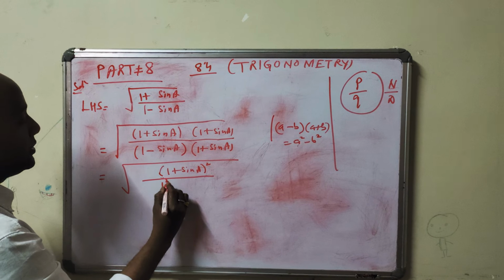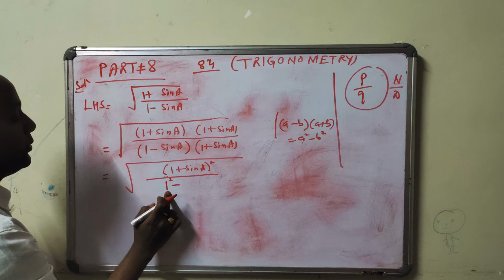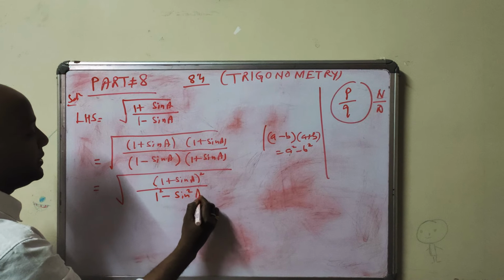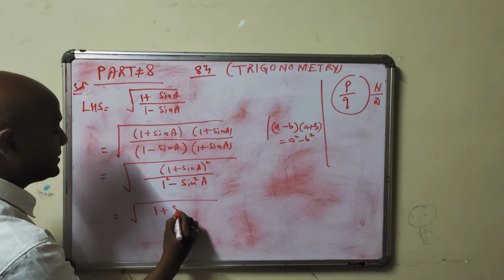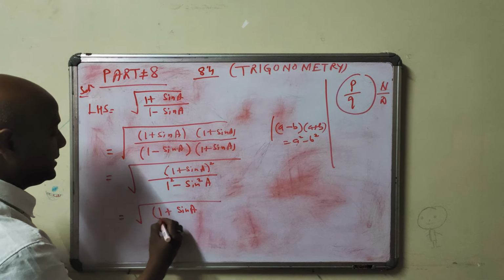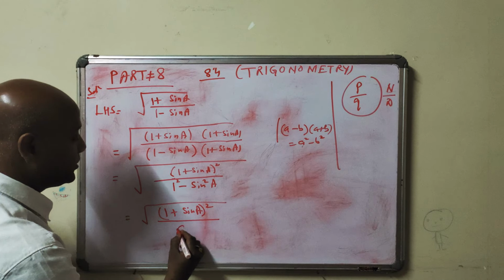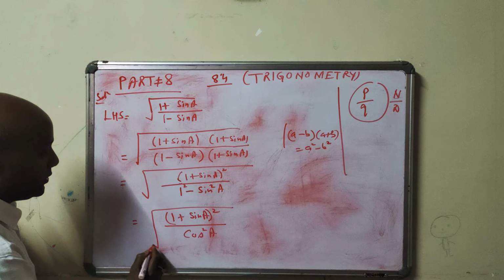Here we have 1 square minus sin square A, where A means 1, B means sin A. So 1 plus sin A whole square. 1 minus sin square A is cos square A. See, put the root like this.